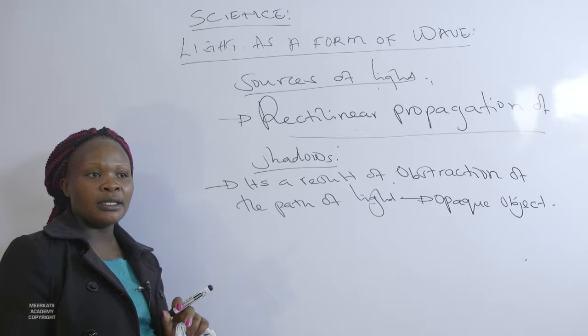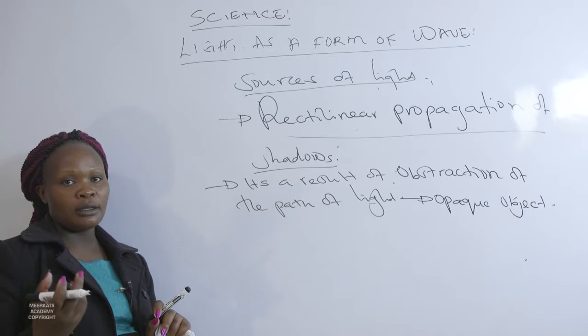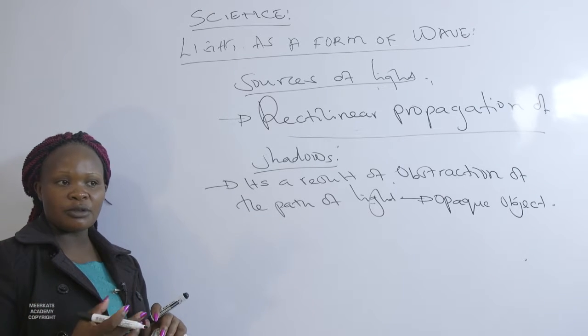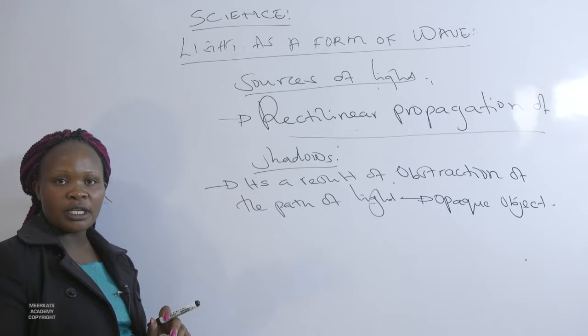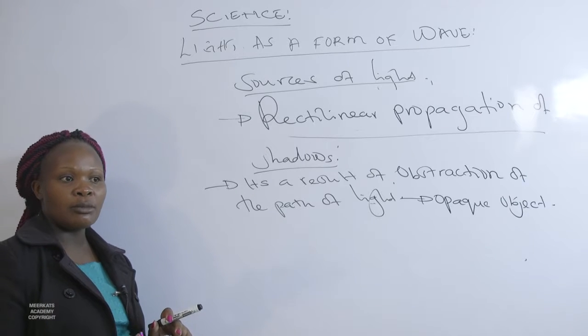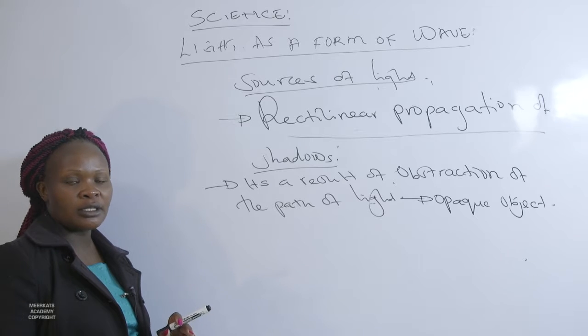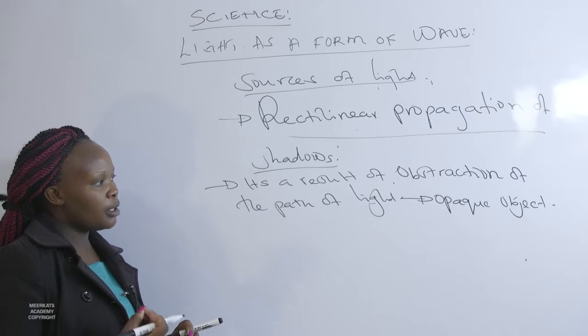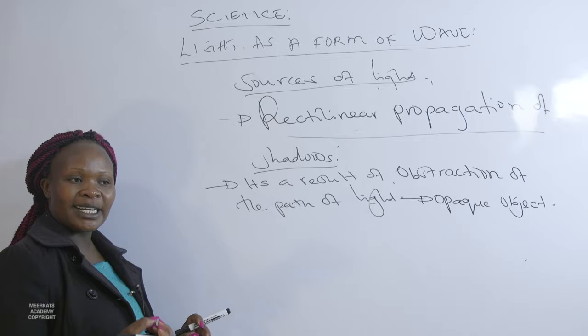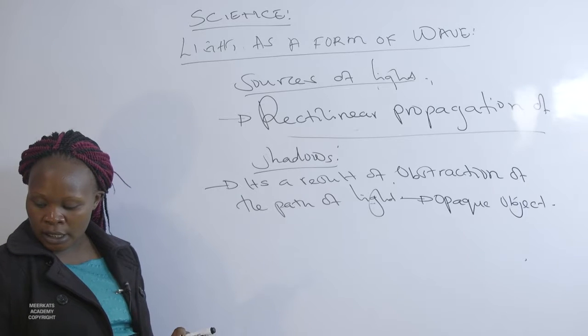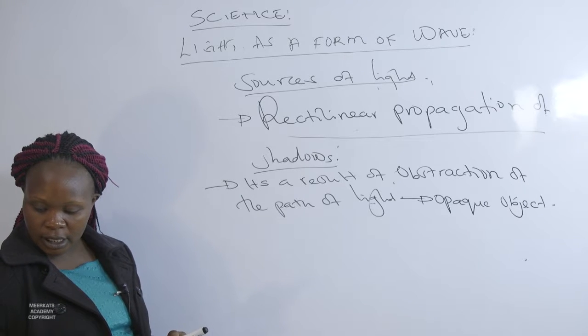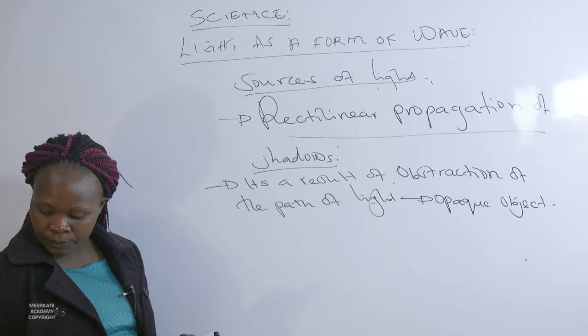Remember, we have said that the other types of materials can actually allow light through them. Some you see through them, some you can't see through them. Now, depending on what light comes across, that is when we can discuss shadows.